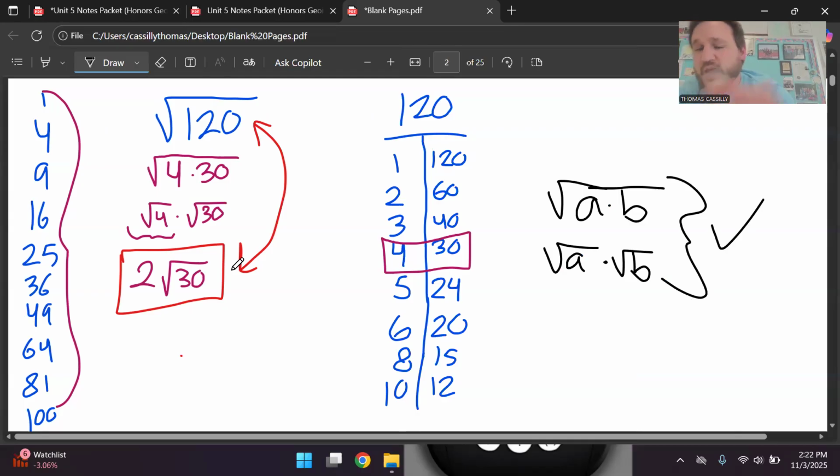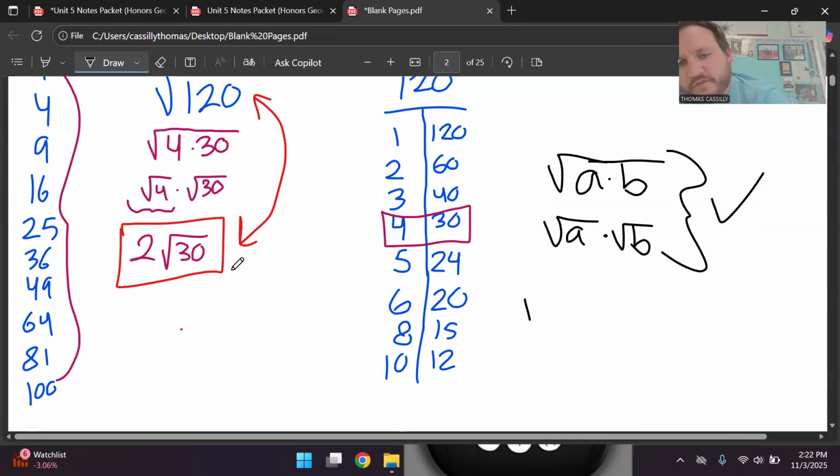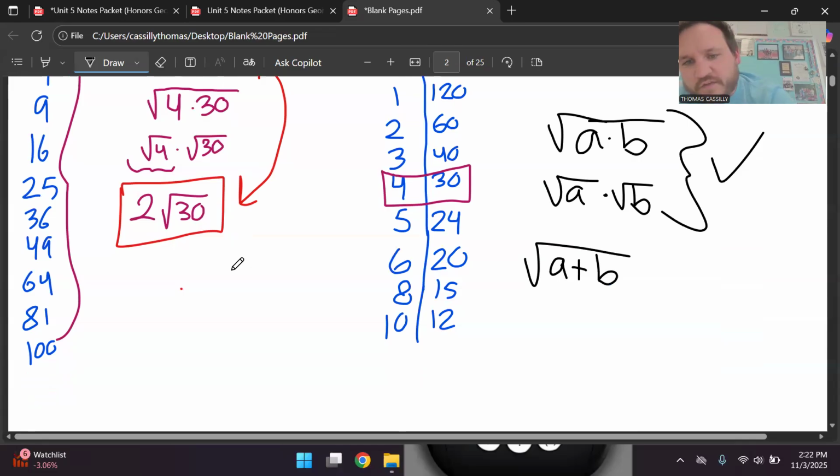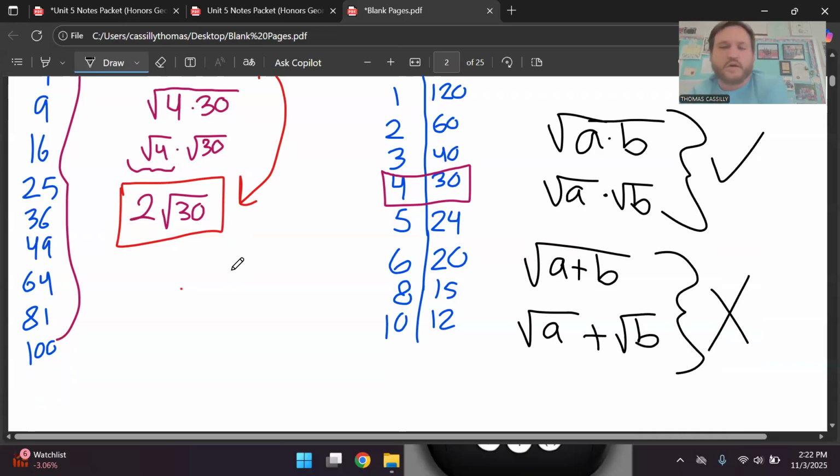This is good. However, if I have something like the square root of A plus B, so you're adding them together underneath, this is not the same thing as that. This is bad. On the top one, we are multiplying. On the bottom one, we are adding.